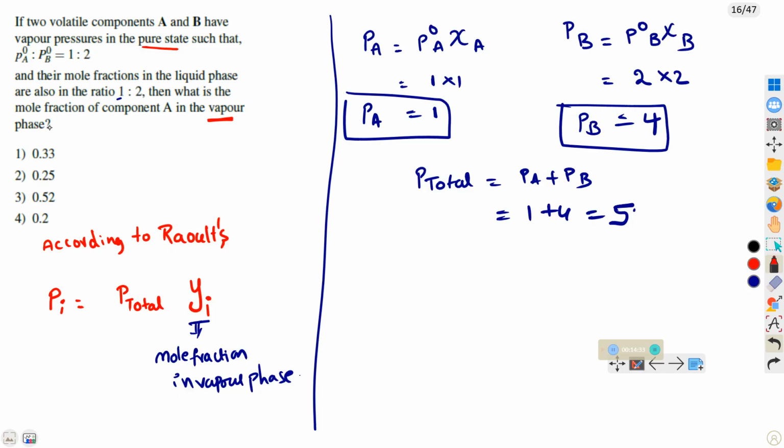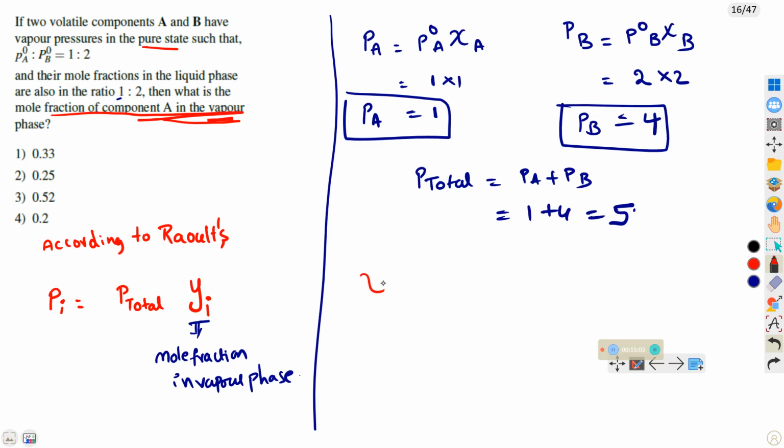Now mole fraction of component A in vapor phase, PA is equal to P total value 5 into mole fraction of A. But the question does not ask for partial pressure. Calculate mole fraction of component A in vapor phase.